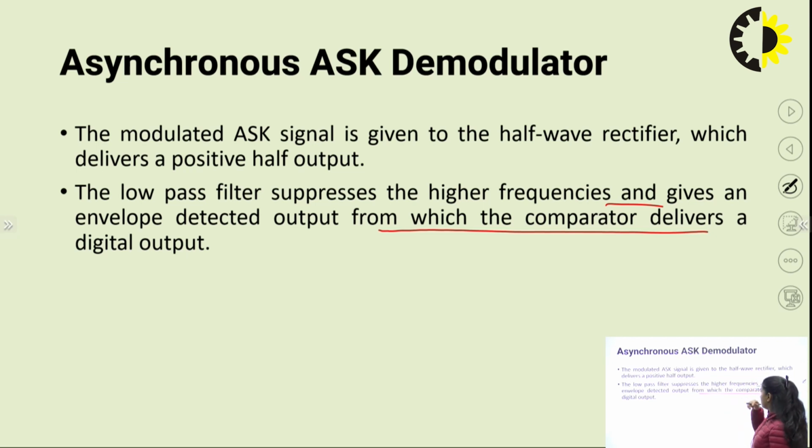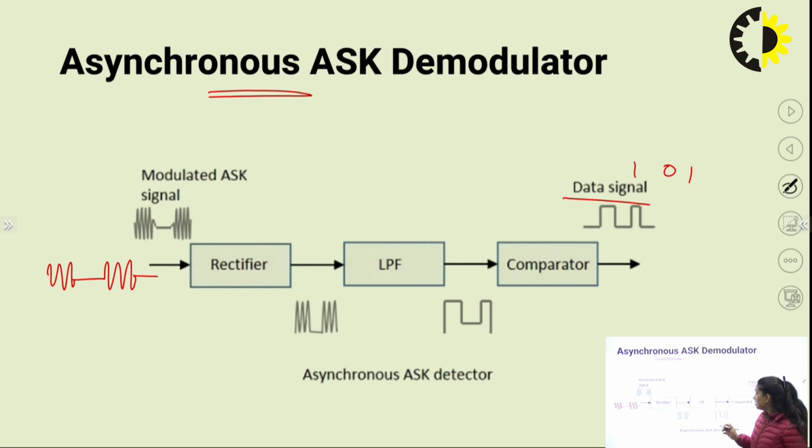Now, my low pass filter will read these values, right? This value, this value, this value, right? Now the comparator is a kind of circuit which will compare the input value with some available threshold or reference value. Suppose the reference is 3 volt, this is at 5 volt and this is 0 volt.